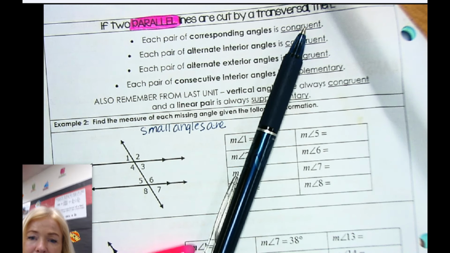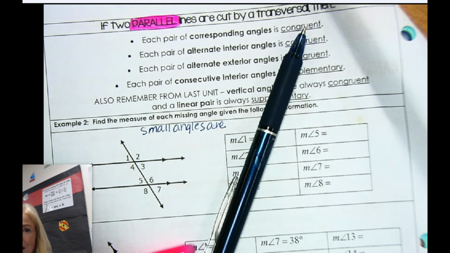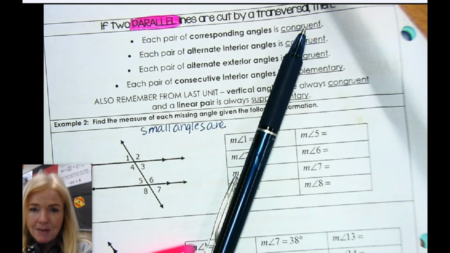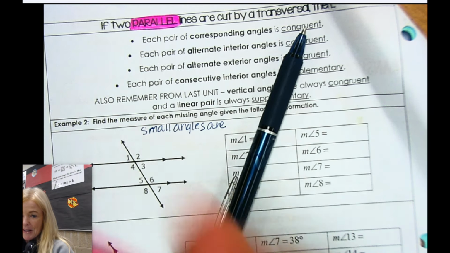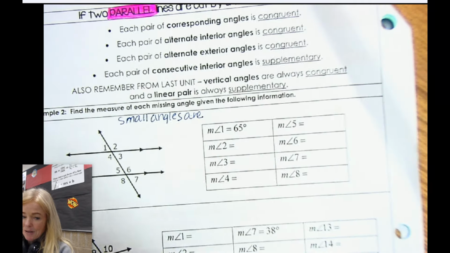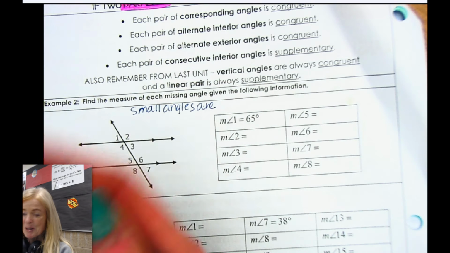Anyway, all the small angles are the same. And then all of the large angles are the same. And one large angle plus one small angle is 180 degrees. They're supplementary together.